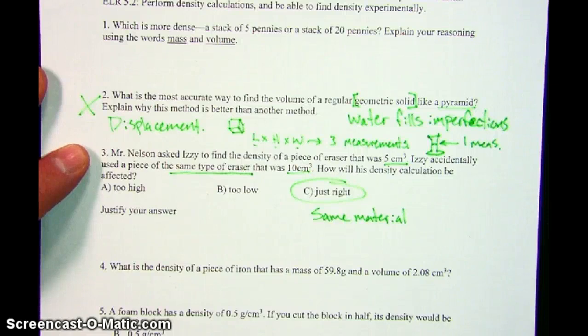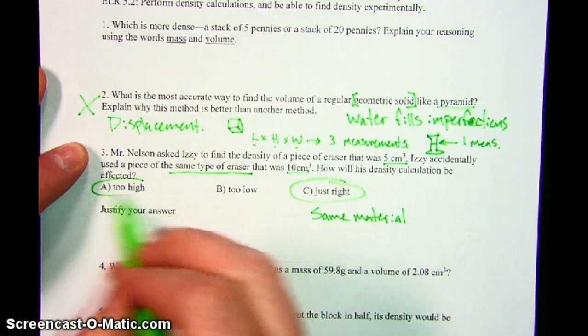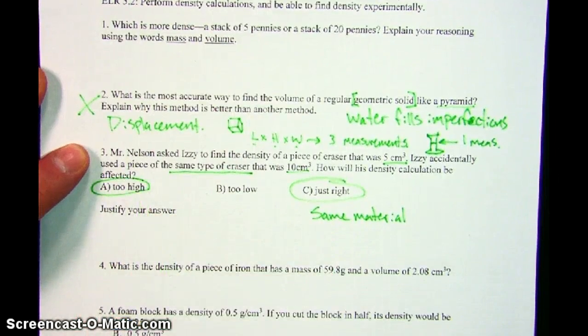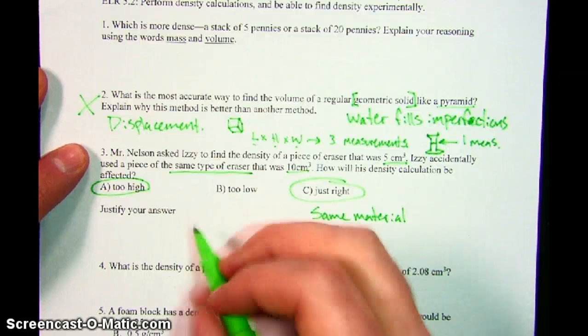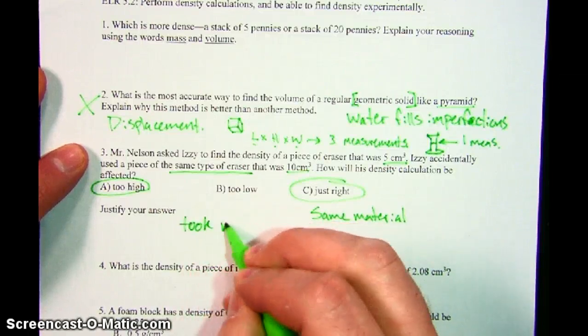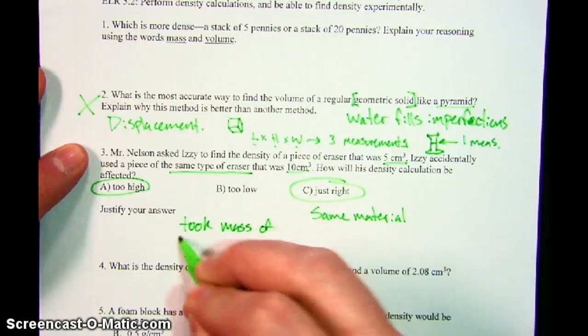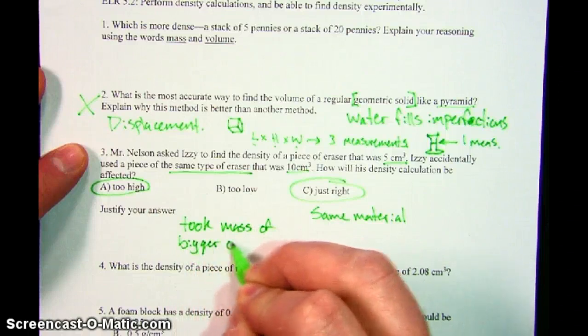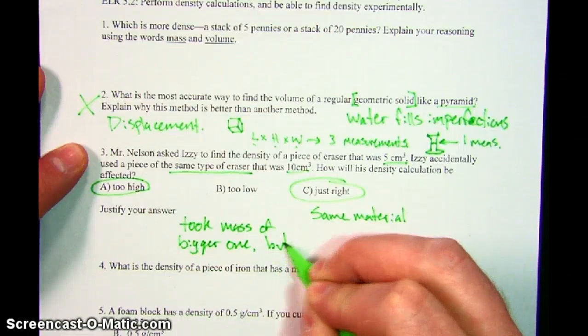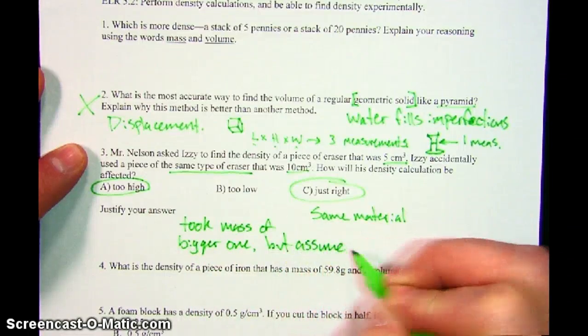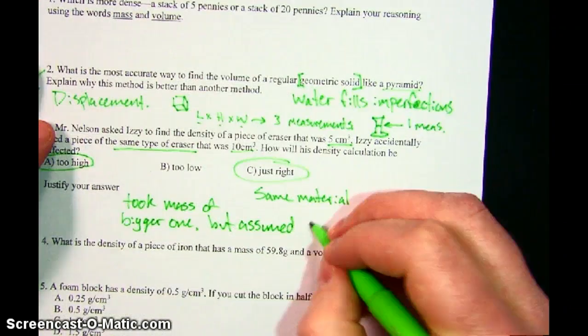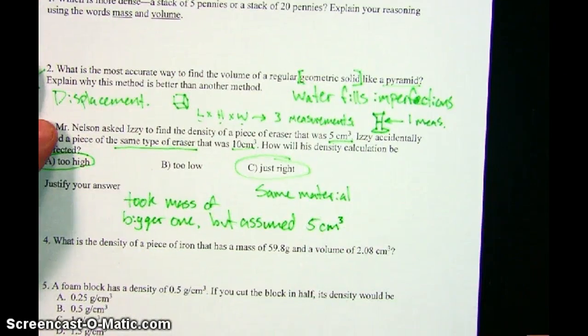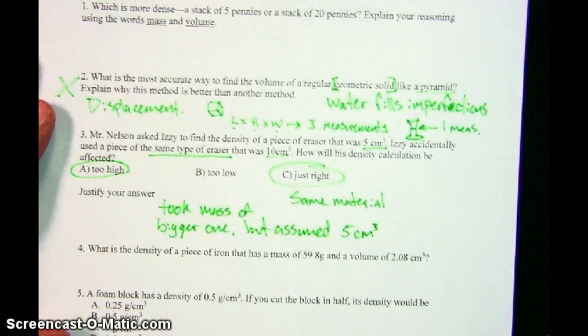However, some of you put down too high. If you had the following justification, I accepted it. The people who did that wrote something along these lines: if she took the mass of the bigger eraser, but assumed the volume of the one that I told her, then she would get a density that was too high.